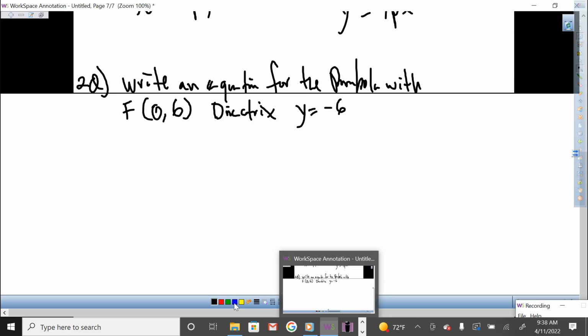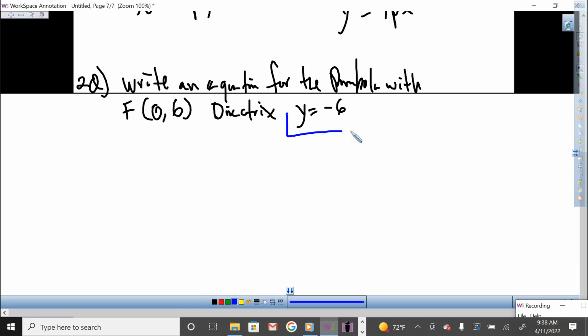Very good. I heard everybody say, well, you look at the directrix, and since it's a y, I write 4py. That directrix is going to tell us what variable goes next to 4p. So 4py. If this was x equals something, this would be 4px. So that means the other side of the equation should be what? x squared. All right, so now that we have our equation, we just rewrite it.